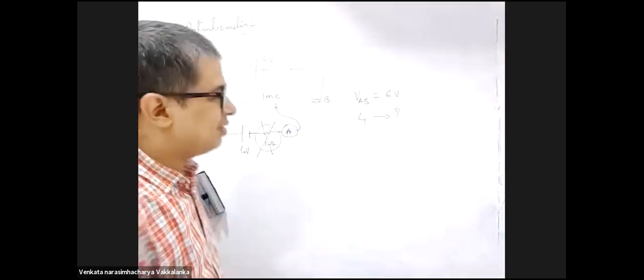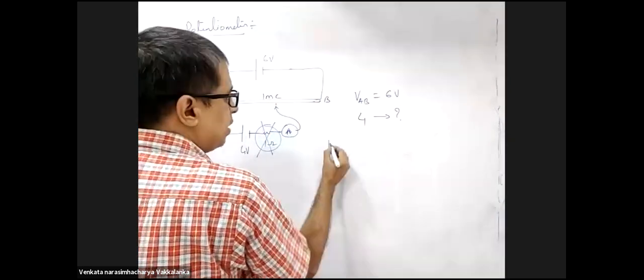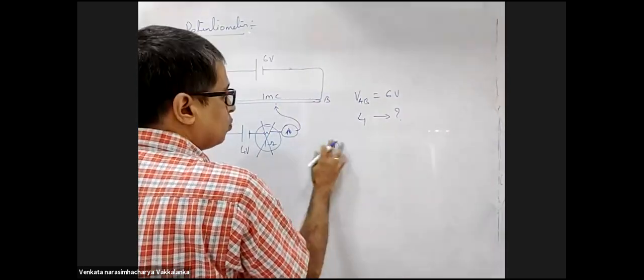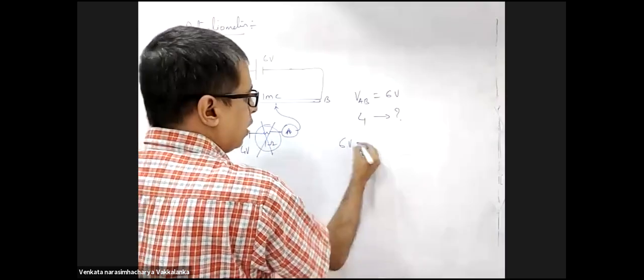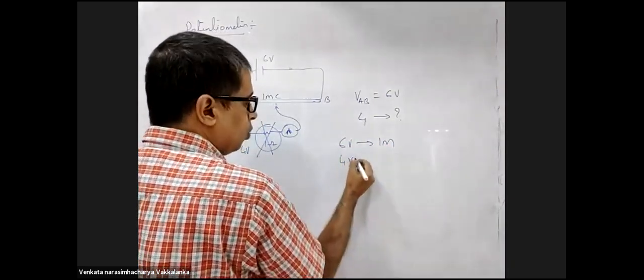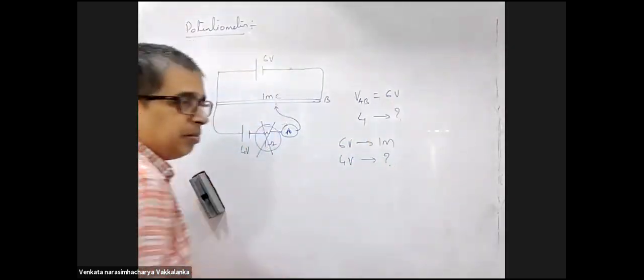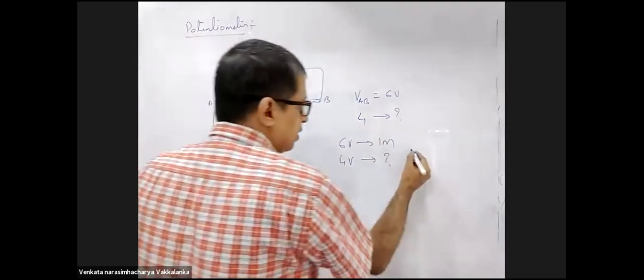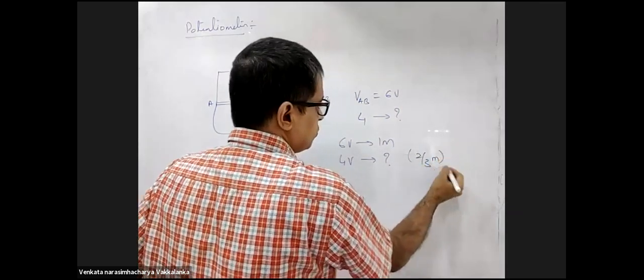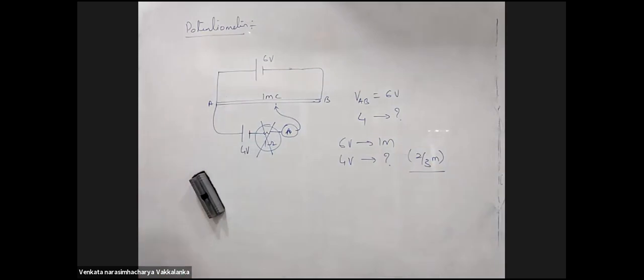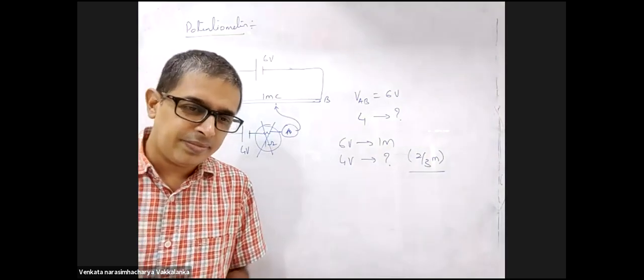So what is the length? 1 meter, 6 volts corresponds to 1 meter. 4 volts corresponds to how much? Unitary method, 1 by 6 into 4. The answer will be 2 by 3 meters. As simple as it. Is that clear? Yes, sir.